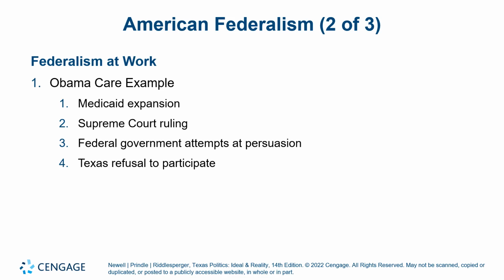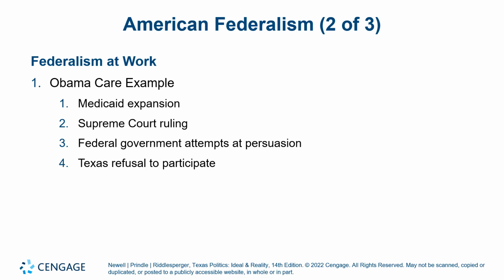Now, again, I'm not trying to say one way or another whether Texas should have taken it or not. I've got my own opinions about it. But in terms of looking at both arguments, I want to explain that the state of Texas was making the argument that it was going to cost a lot of money, because even though it's 10%, that's still 10% of about 1 million people.